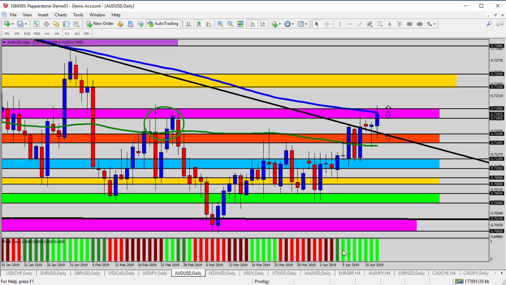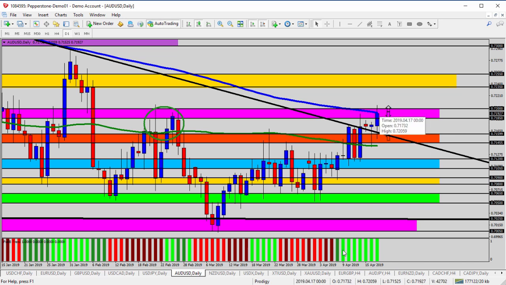Something else interesting on the chart are the moving averages. The blue one is the 200 period daily simple moving average, and the 100 period is the green line. We've been basically bouncing around between the 100 and 200 period simple moving averages for the past 3 or 4 days. Very interesting there. But what's probably most interesting is what's happening at the pink zone and the resistance there at that 200.